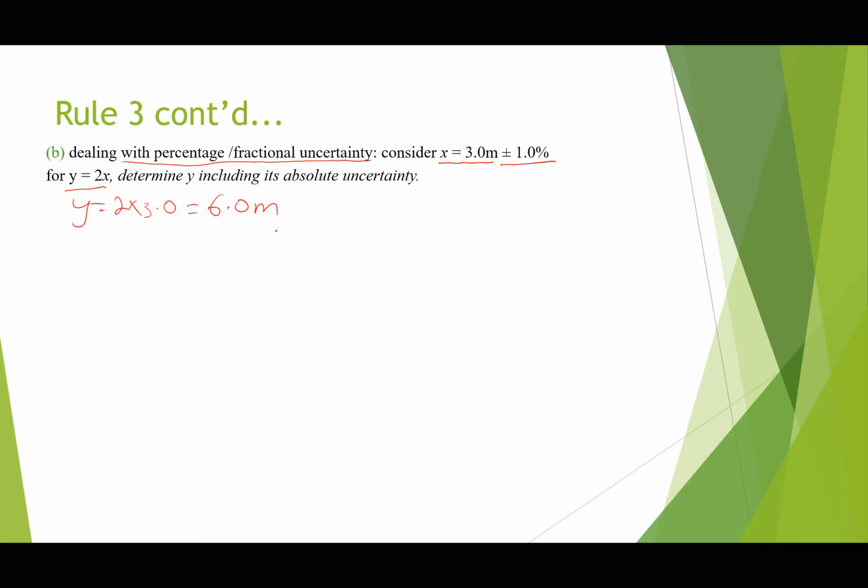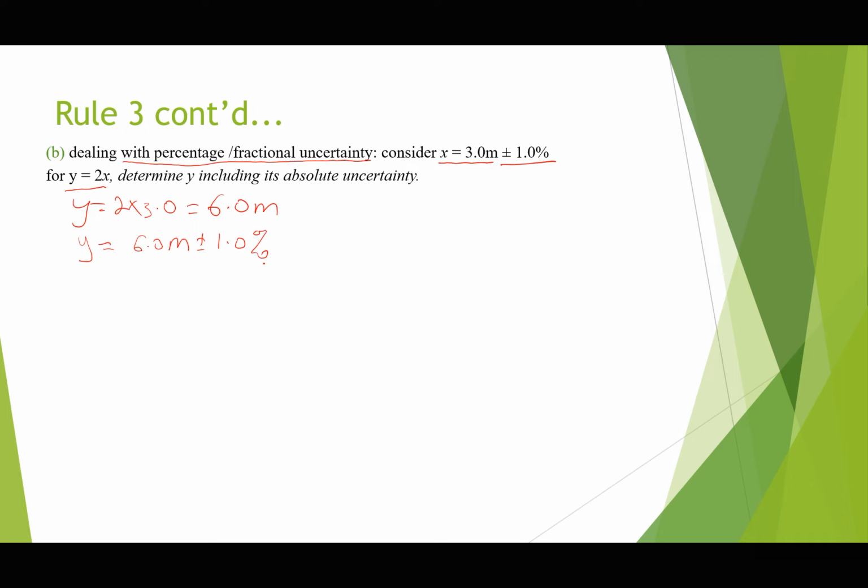In fact, the constant does not affect the percentage uncertainty. Therefore, the true value of y is going to be equal to 6.0 meters plus or minus 1.0%.